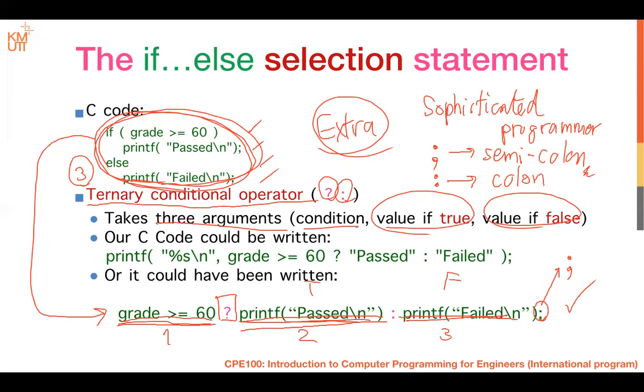So for this statement, you don't have to use if else anything, right? You can just simply use it like this. But if you don't understand this, you can just use the if else for the sake of simplicity, right? You don't have to use this. As I told you, that is just for the sophisticated programmers.